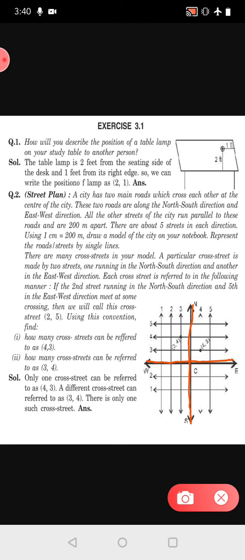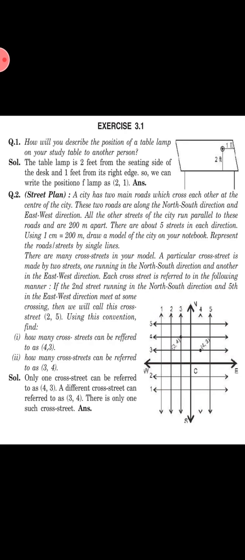So you can see we have drawn here also 1, 2, 3, 4 and 5. Similarly, we have drawn here 5 streets in east-west direction and 5 streets in north-south direction, and all are parallel to each other. Now already the measurement is given that we have to take the measurement as 1 centimeter equal to 200 meter. Distance between 2 streets is given like this.